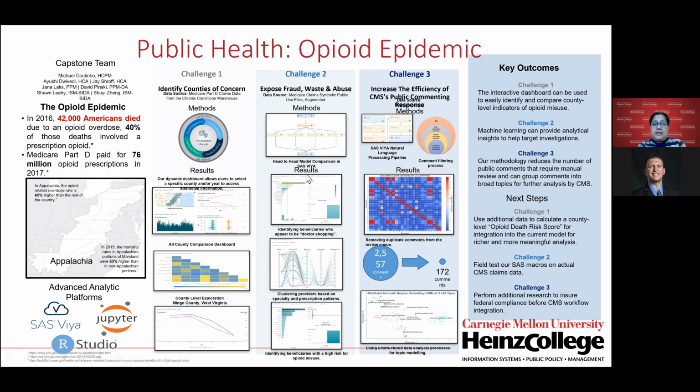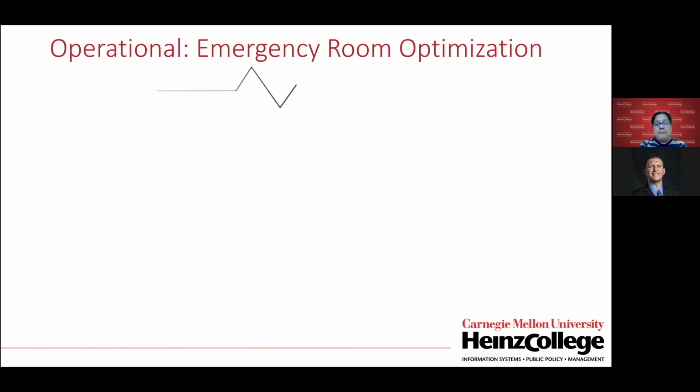In the second challenge, exposing fraud, waste, and abuse, the machine learning methods provided insights about what kind of investigation CMS should undertake to find where this fraud, abuse, and waste is happening. And in the third, it's really trying to get the public sentiment with respect to new regulations that are being proposed to address this issue. So you see here again the use of technology, analytics, people, and process to address a huge problem that we are facing in public health.